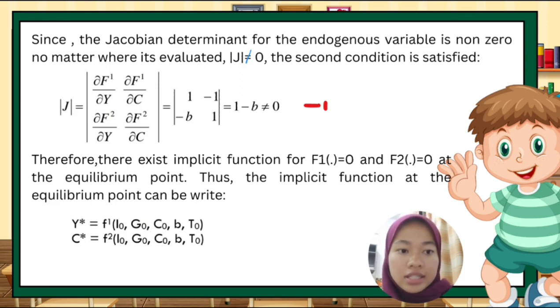Therefore, there exists an implicit function for F1 equals 0 and F2 equals 0 at the equilibrium point. Thus, the implicit function at the equilibrium point can be written as Y equals f1(I, G, a, b, and T), and the next equation is C equals f2(I, G, a, b, and T).